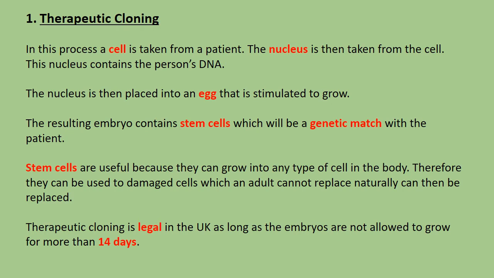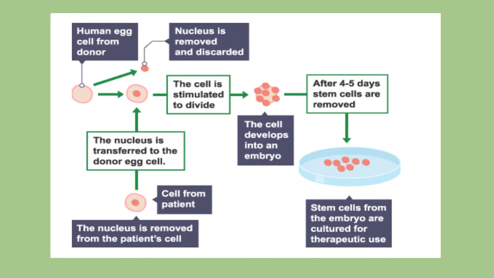That's the idea. Look, here's a picture to give you a sense of how it works. At the top right, you've got an egg from a human donor. The egg has a nucleus, that is removed, that's taken out. And then, at the bottom left, a nucleus is removed from the patient's cell, from the person who's ill, and that nucleus is put into the egg.